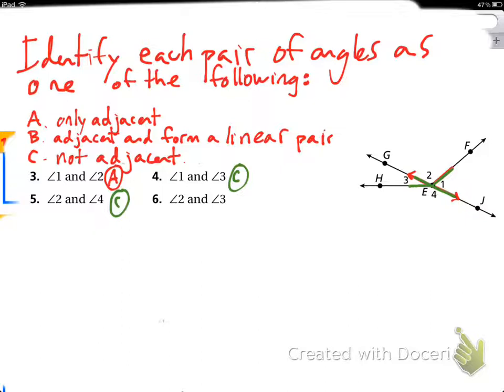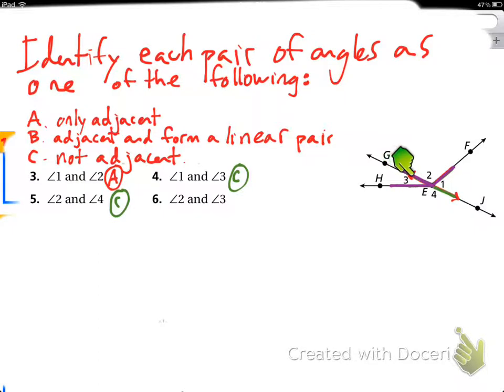And number 6, angle 2 and angle 3. Let's get a different color for that. Angle 2 and angle 3. Do they share a common ray? Absolutely. This one right between the two. So they are adjacent.